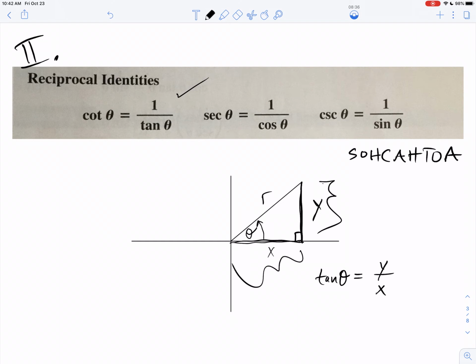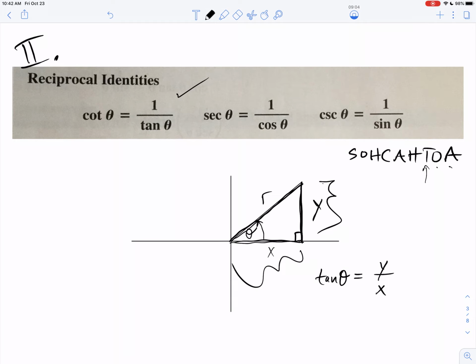So I called my variables x and y, and in our book they use r for the hypotenuse. I've got to call them something. In the book they use x, y, and r. But here we go. The tangent of theta would be y over x. Why? Because of SOHCAHTOA, the tangent is the opposite over the adjacent.